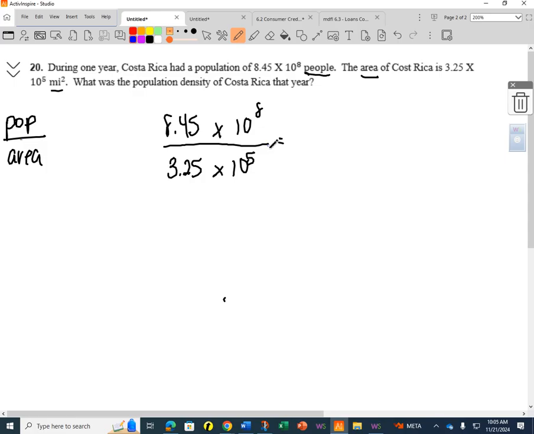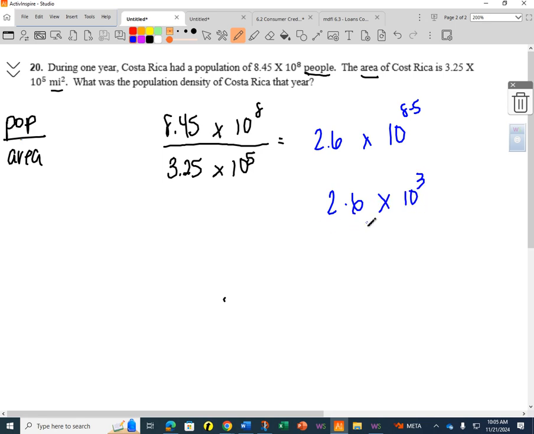So 8.45 divided by 3.25, what do you get? 2.6. So 2.6 times 10 to the 8 minus the 5th power, so that's 2.6 times 10 to the 3rd power.